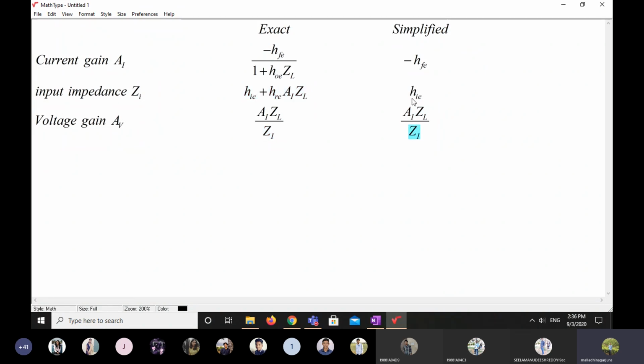In this case, Zi equal to HIE. In this case, AI is equal to minus HFE by 1 plus HOE into ZL. In this case, AI is equal to minus HFE. The notations look the same, but internally the current gain and input impedances are different.